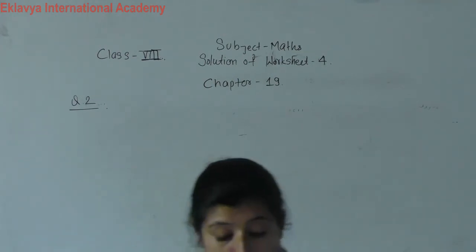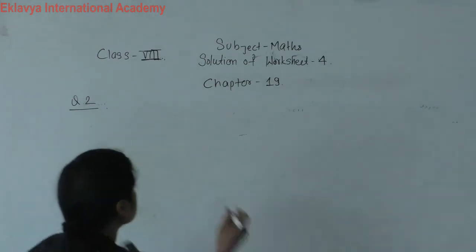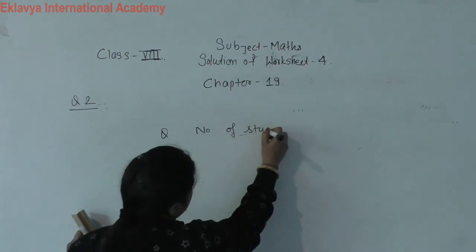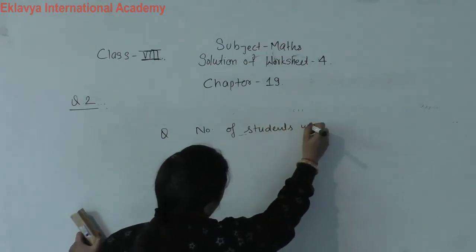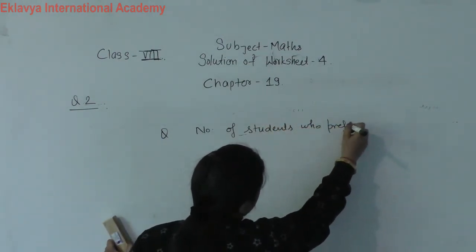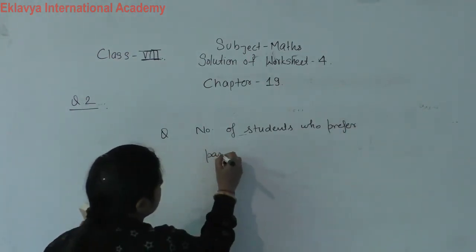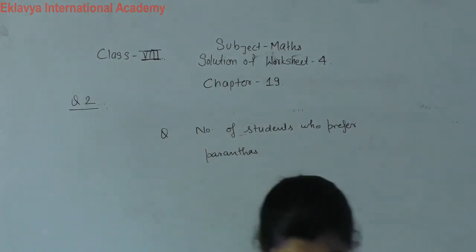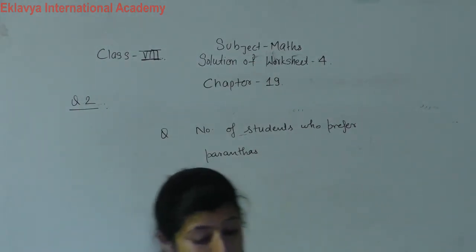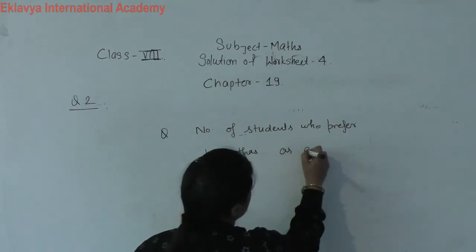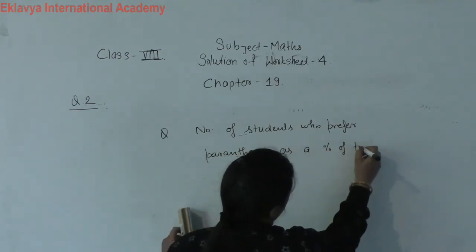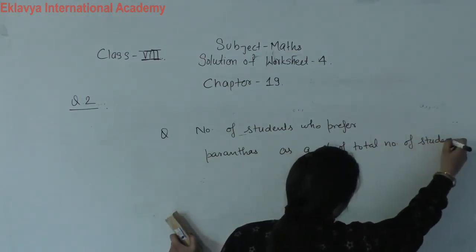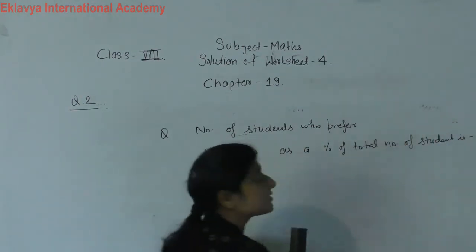The question is asking the number of students who prefer parathas as a percentage of total number of students. We have to find out this answer.